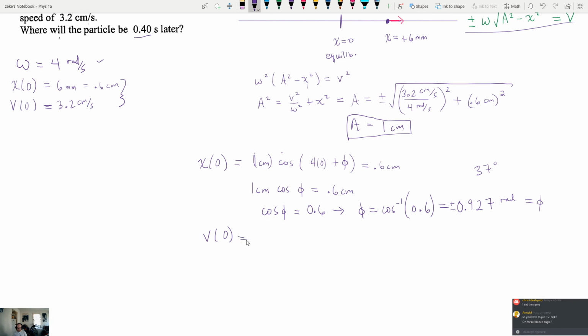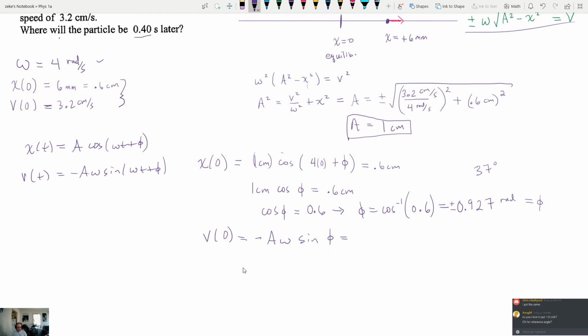Okay, v of 0. Let's check this, because it could be either. So v of 0 would be... So now we need the velocity equation. So x of t was A cos of omega t plus phi, which means v of t is going to be negative A omega sine of omega t plus phi. So v of 0 is going to be negative A omega sine of phi.